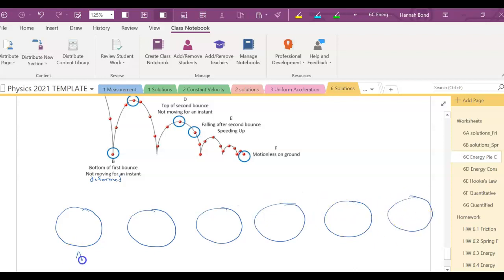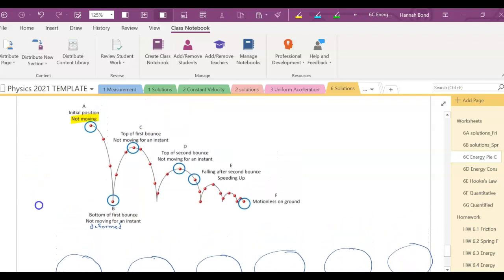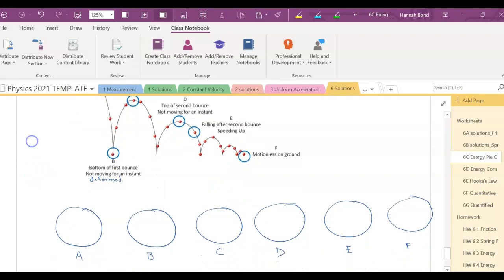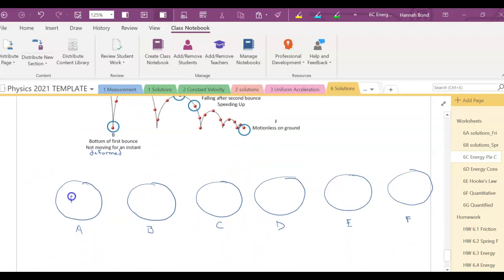And I'll label them as they're labeled up above. So at the beginning, the ball is very high. It's being held off the ground. It is not moving. And so in this case, we have something that is starting with gravitational potential energy.